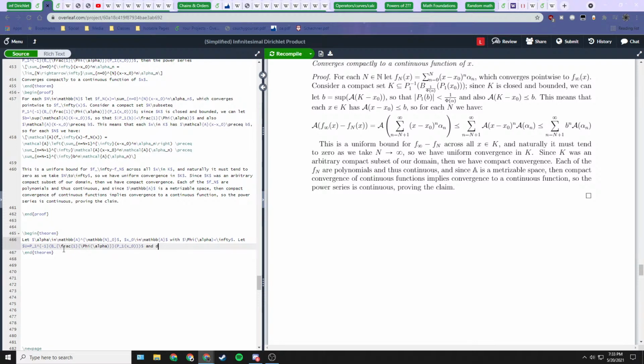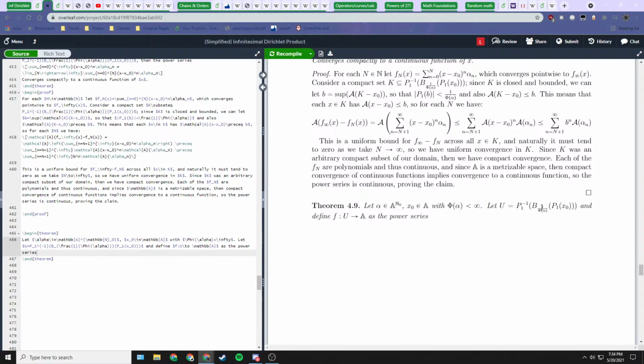Define f, which maps u to R space A, as the power series. So we have coefficients alpha, center point x0, with phi of alpha being less than infinity.